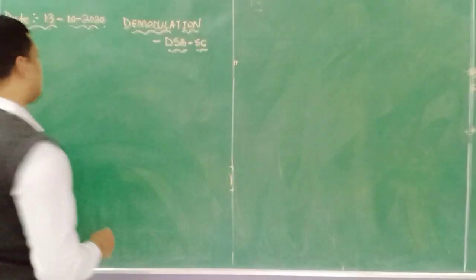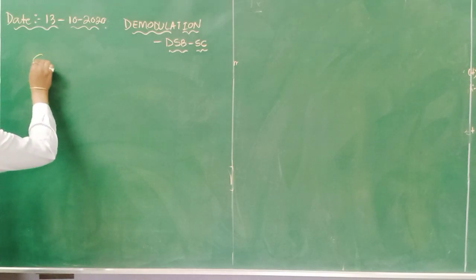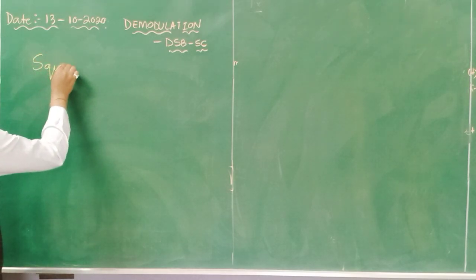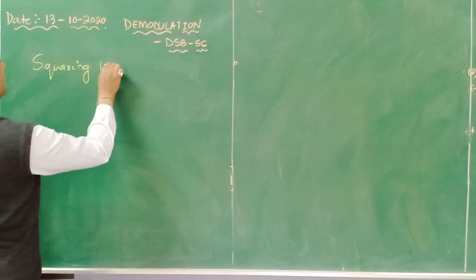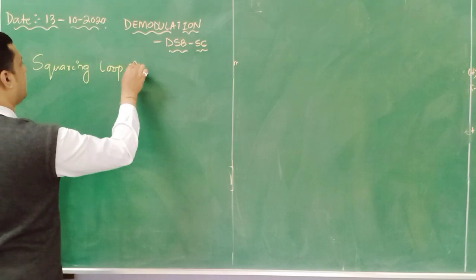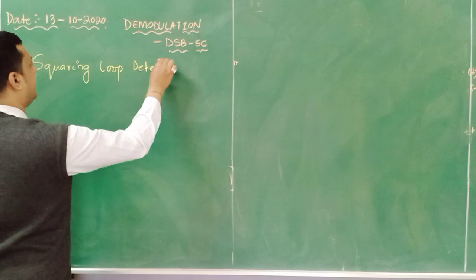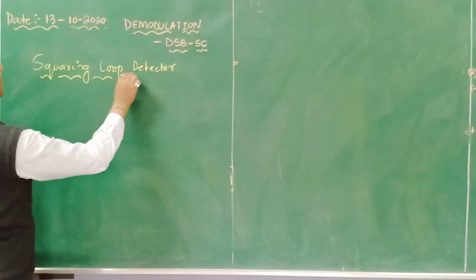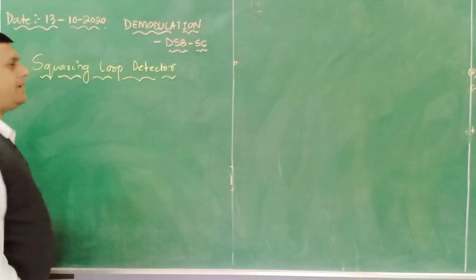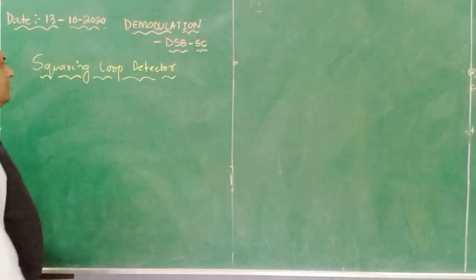So now we will discuss the squaring loop detector. It is also a simple one. So what is the basic block diagram of the squaring loop detector?